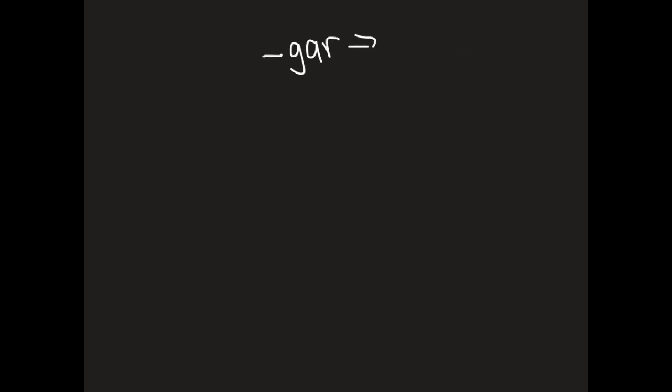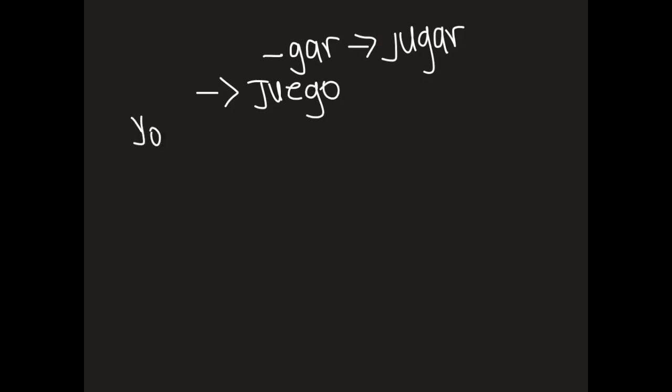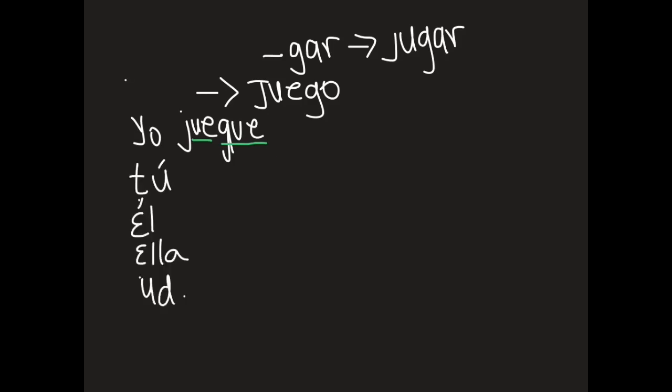So for the verbs that end in gar, such as jugar, again, in the form of yo, we have to do that first step. In the present tense it will be juego, because it's a stem change. The ending then would change to juegue, and now we need to have a GUE, tú juegues, él, ella, usted juegue.